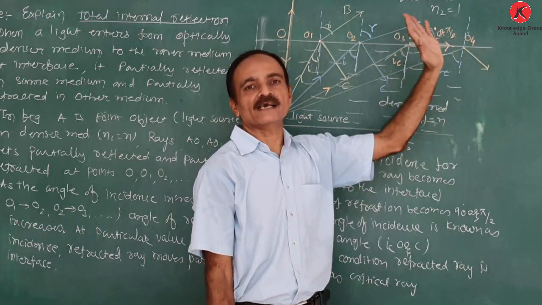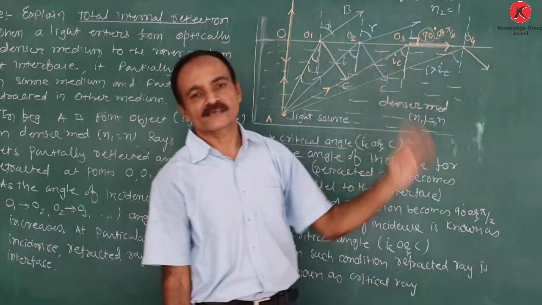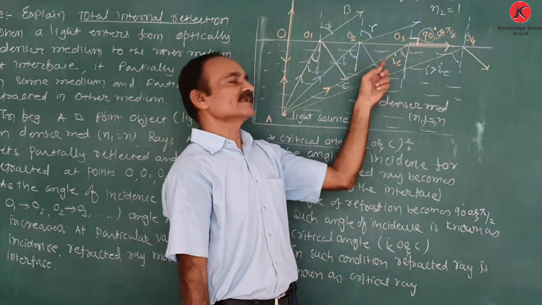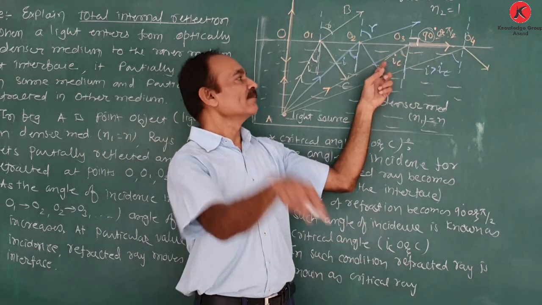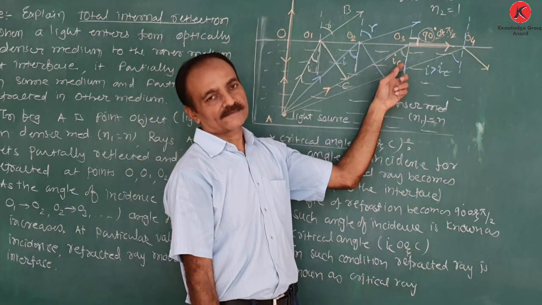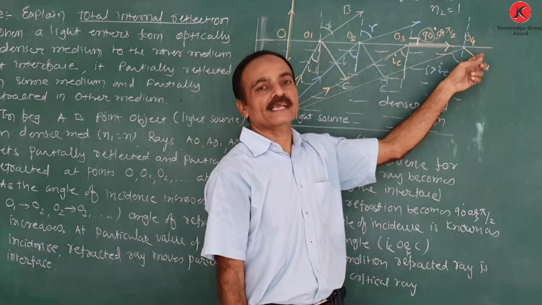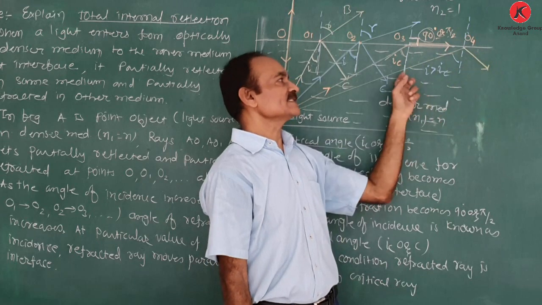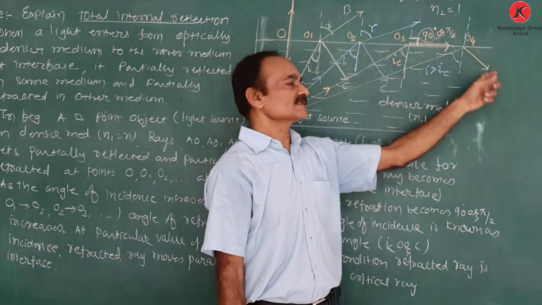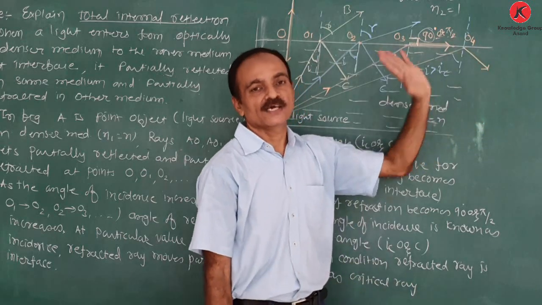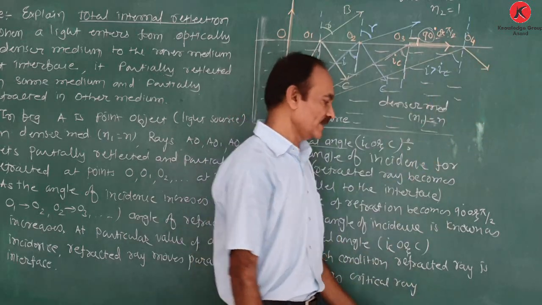And this phenomenon is known as total internal reflection. Again, if the angle of incidence increases more than the critical angle, refraction of the incident ray does not take place, but this incident ray is 100% reflected in the same medium. This phenomenon is known as total internal reflection.